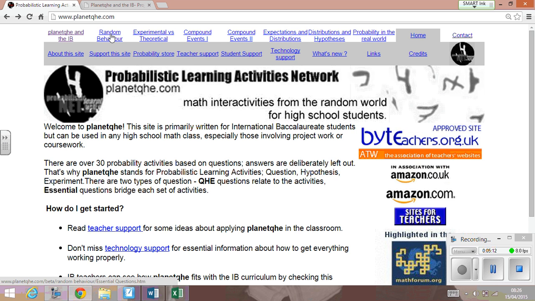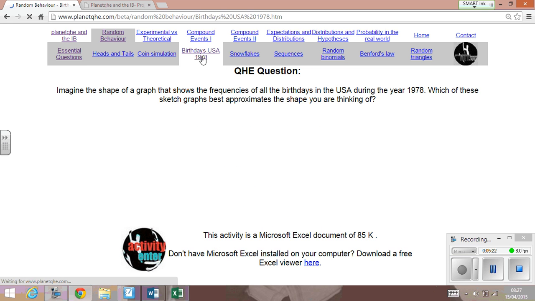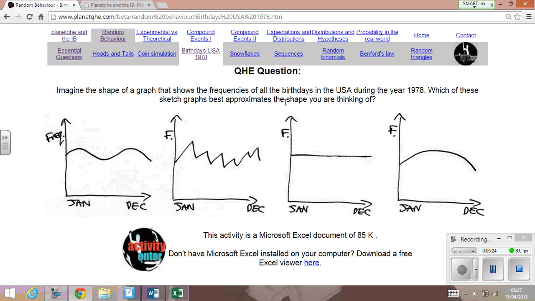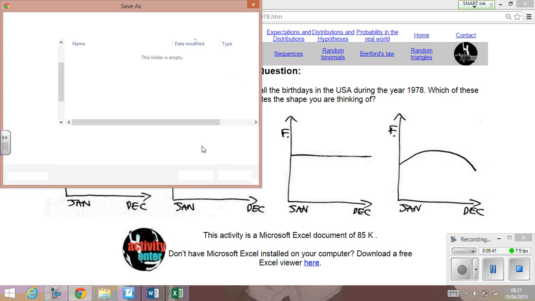If we start off here with random behavior, for example, we've already done some of these very quickly. All the pages on the website have an icon like this, and if you right click, save link as, it will download the spreadsheet.